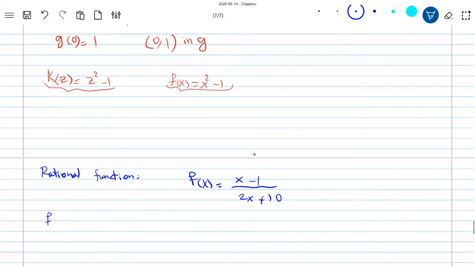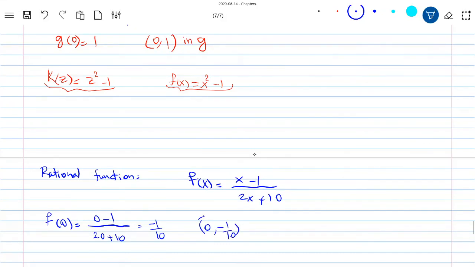They ask you to calculate f of 0. What would be f of 0? That means you replace 0 for x: 0 minus 1 divided by 2 times 0 plus 10. If you simplify it, this would be negative 1 over 10. So there is the point where x is 0, y is negative 1 over 10.